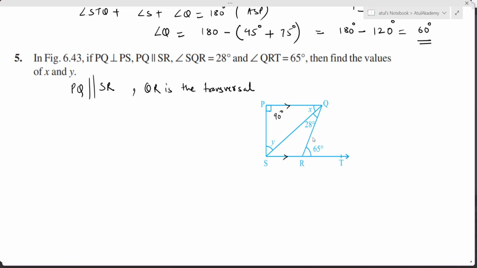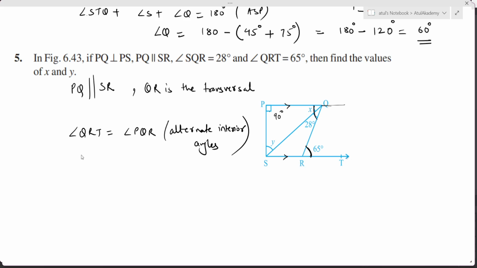If you check this QR, that's a transversal. PQ, if you produce it, is also parallel. Now, this angle will be equal to this angle. So angle QRT is equal to angle PQR. What's the reason, students? It's alternate interior angles.